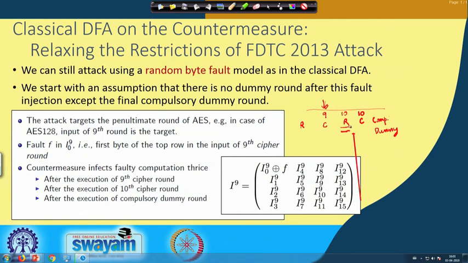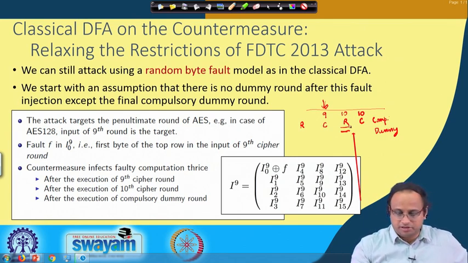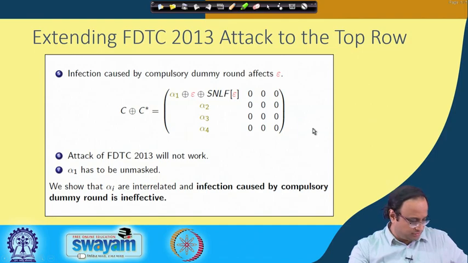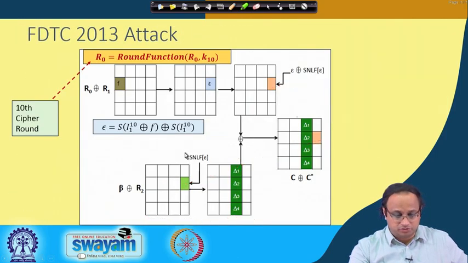So where will that infect? This will get infected only after the cipher round. This can be easily observed if you go back and look at the algorithm. If you walk back a few steps and take a look at the original algorithm, this becomes quite clear.